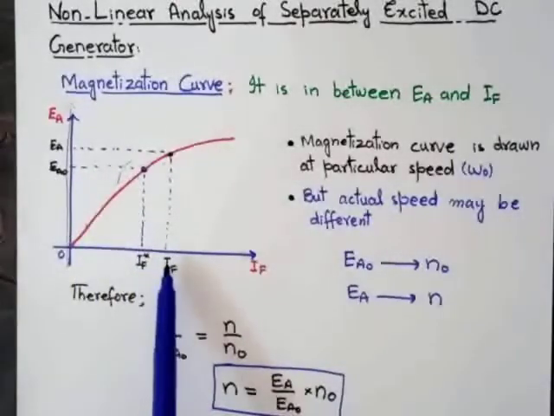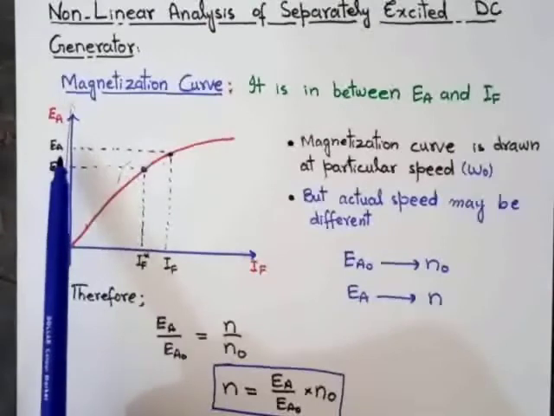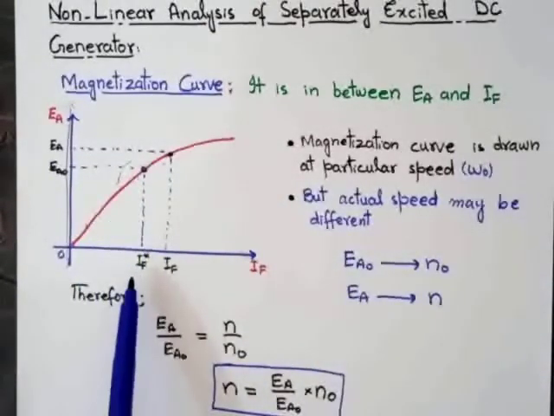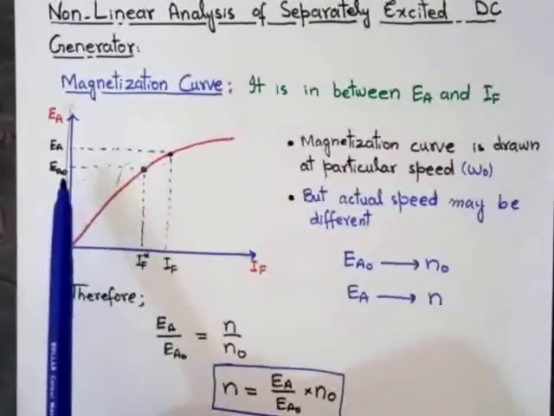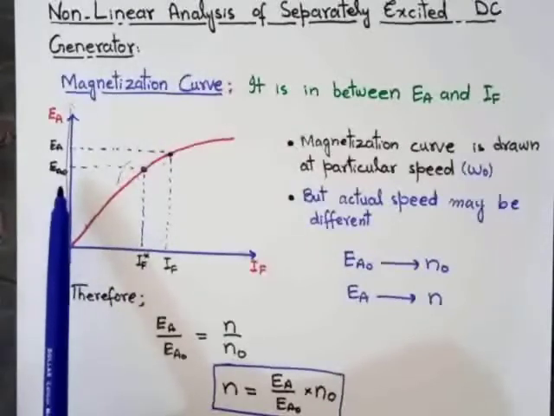This is the voltage with armature reaction. Without armature reaction, this is the field current IF, and this is the internal generated voltage. When there is armature reaction, this will be the new field current called IF dash, and this will be the new internal generated voltage called EA naught.